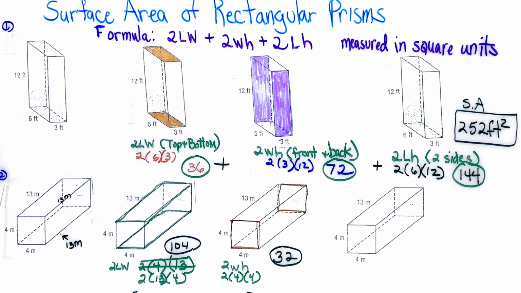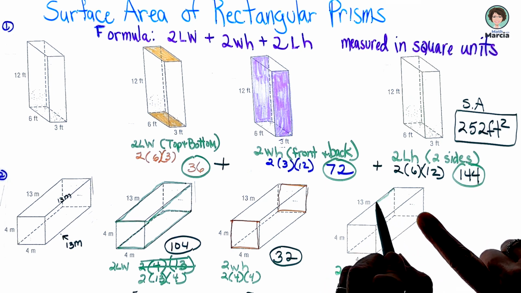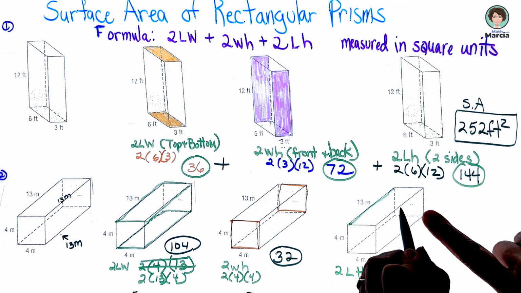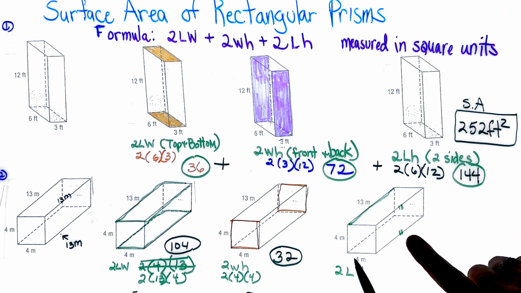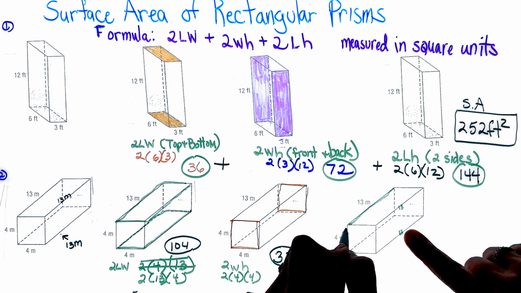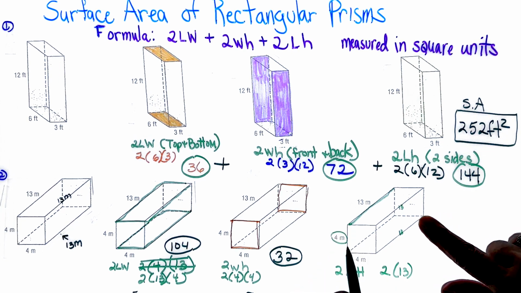And for the last one, we are going to do 2 times the length times the height. And when I do that, remember my length is right here. It's 13. And we said this was 13 and this is 13. So the length of my base is 2 times 13. And again, it was short, so here is my 4.